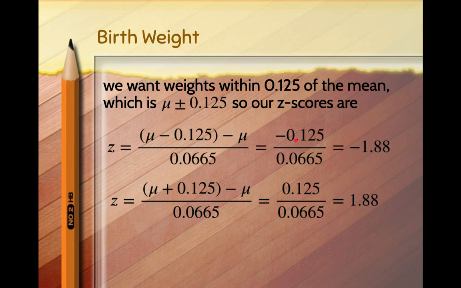I get negative 0.125 over 0.0665, which is negative 1.88. It doesn't matter what the actual population mean is. My z-score, if I'm lower than 0.125 from the mean, will be negative 1.88. If I'm more than 0.125 above the mean, it's positive 1.88. I don't need to know what that population mean actually was.